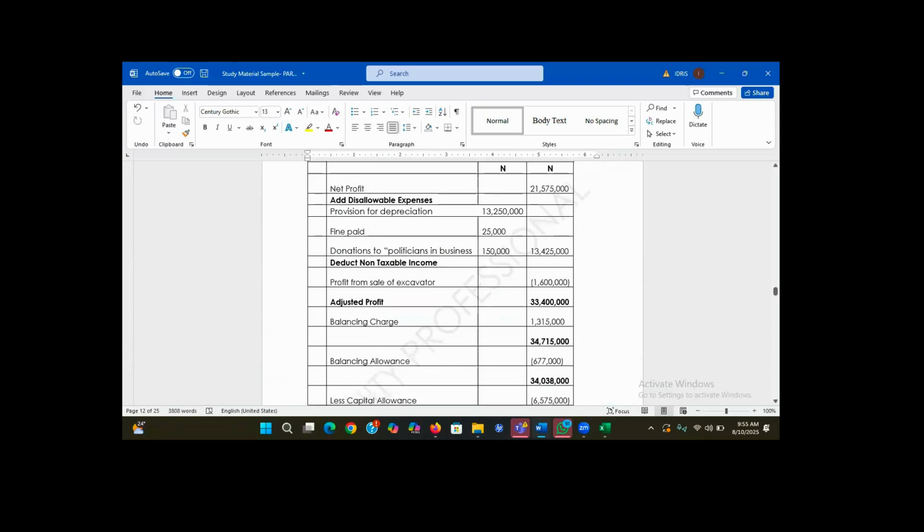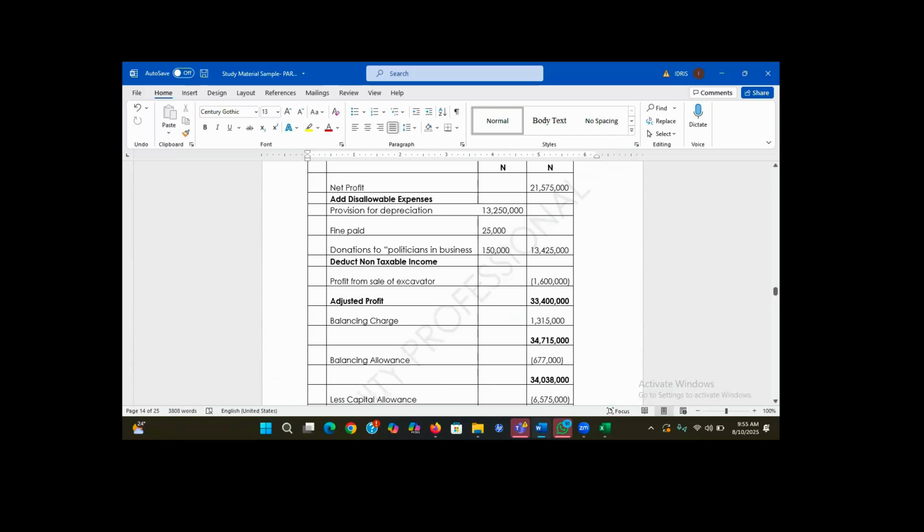If we go back to our adjusted profit, add balancing charge to the adjusted profit. We less balancing allowance first. We also less capital allowance.